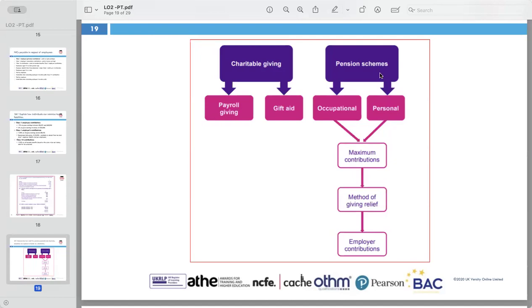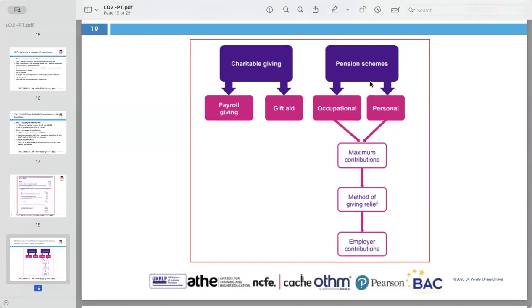Next one is pension schemes, occupational and personal. Pension schemes, whether occupational or personal, provide another avenue for tax efficient saving. Both employer and employee contributions to pension schemes can attract tax relief. Employer contributions to an individual's pension are not considered taxable income for the employee, providing immediate tax relief.